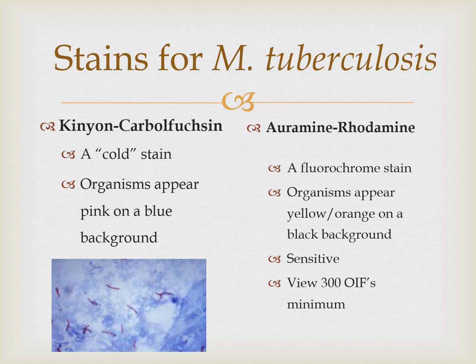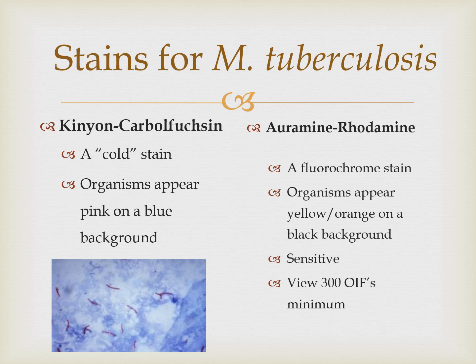The Kinyoun carbolfuchsin is considered a cold stain. The reason it's called the cold stain is there used to be another test that used the microwave and warmed it up. It's not on this list, but I think it was the Ziehl-Neelsen type of stain that used a tiny amount of heating. But we really don't use a lot of heating in Kinyoun carbolfuchsin or auramine-rhodamine.